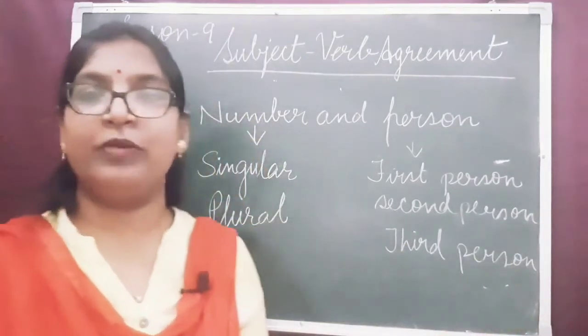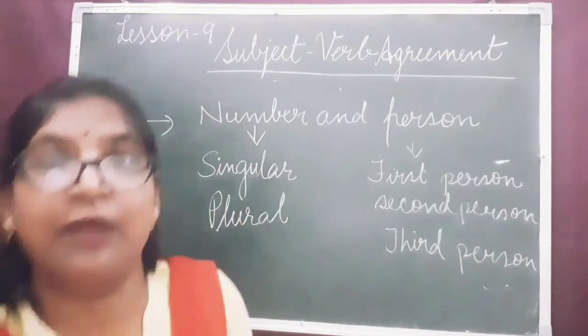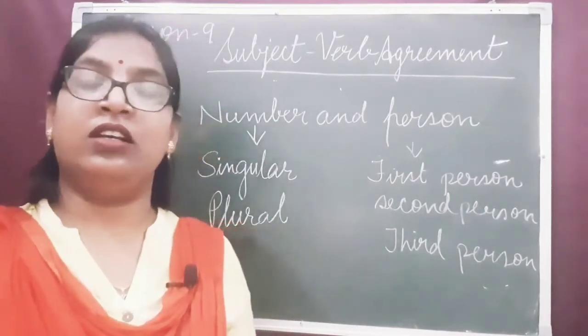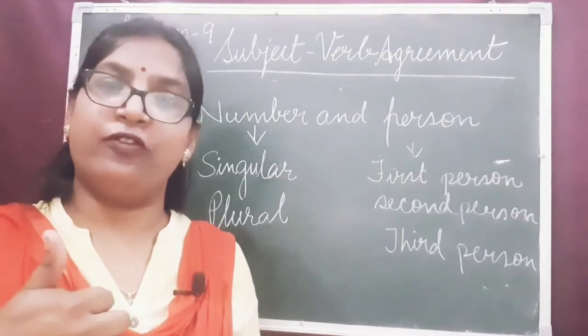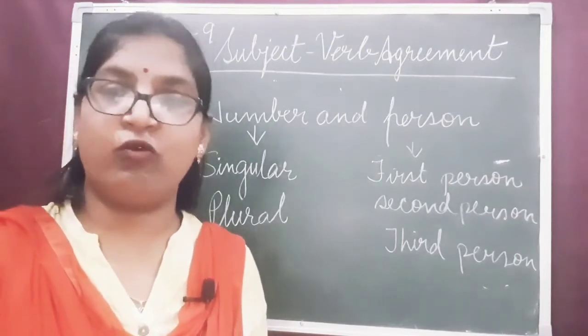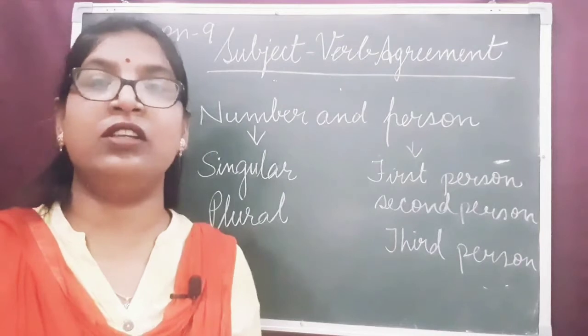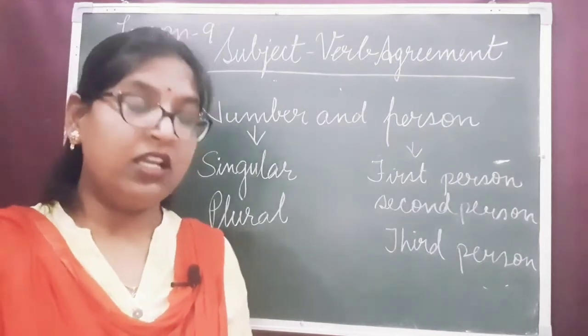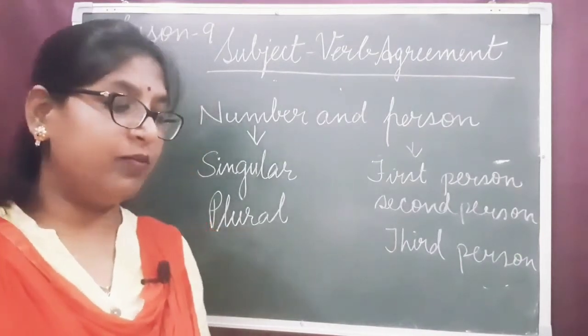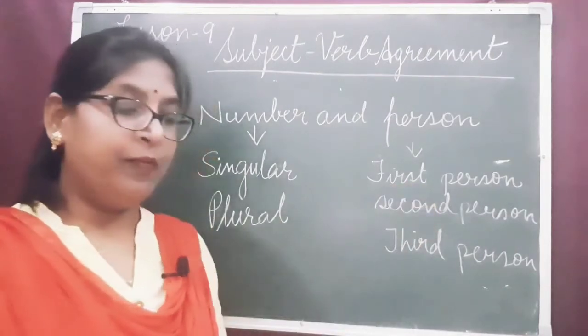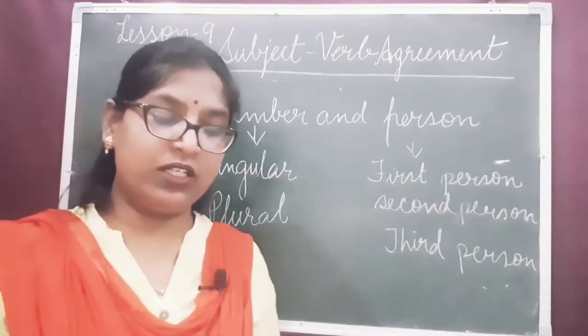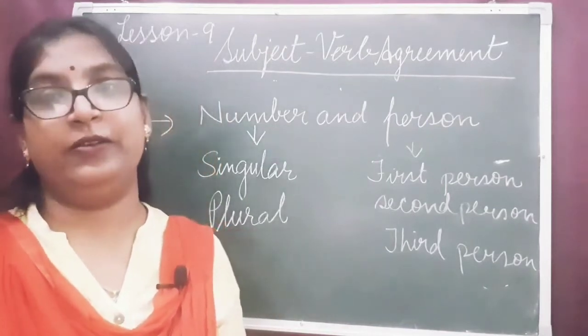Singular and plural: if the subject is one, we say it is singular in number. If we are talking about more than one thing or more than one person, we say the subject is in plural number. And person: the first person denotes the speaker.